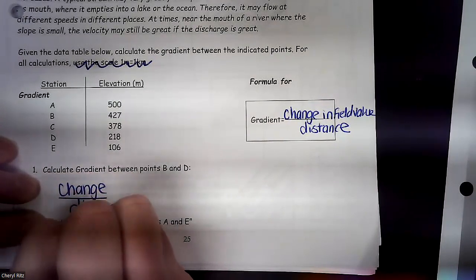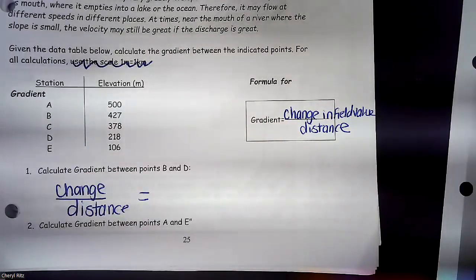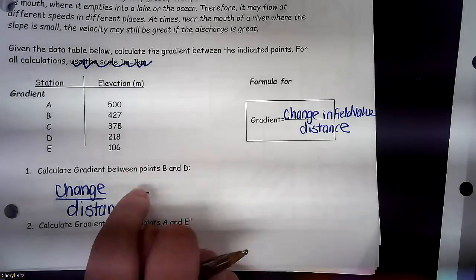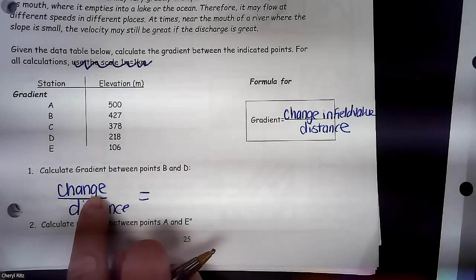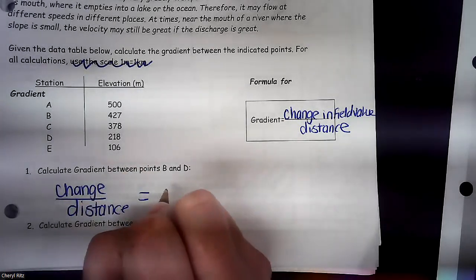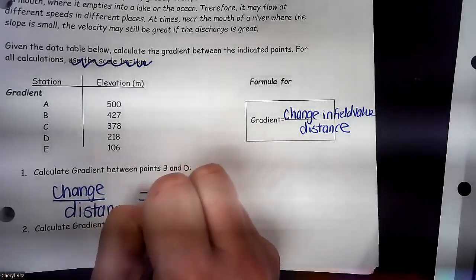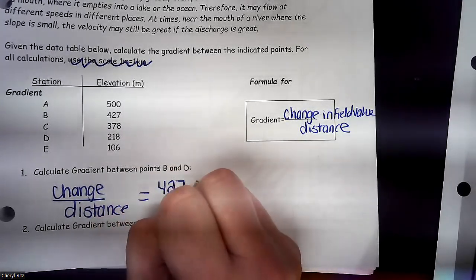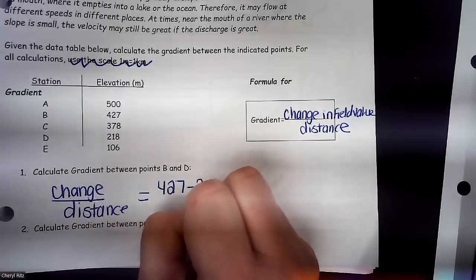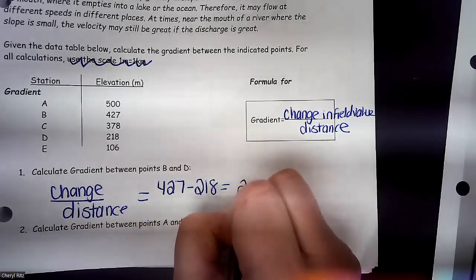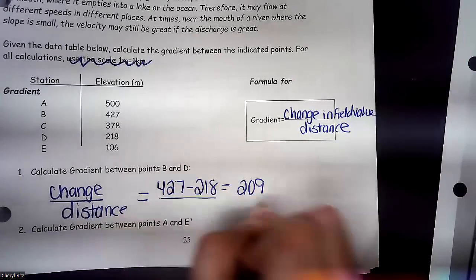All right, so James did the change. How do we get the change? Subtract. So B was 427, D, 218. And when you subtract that, you get 209.